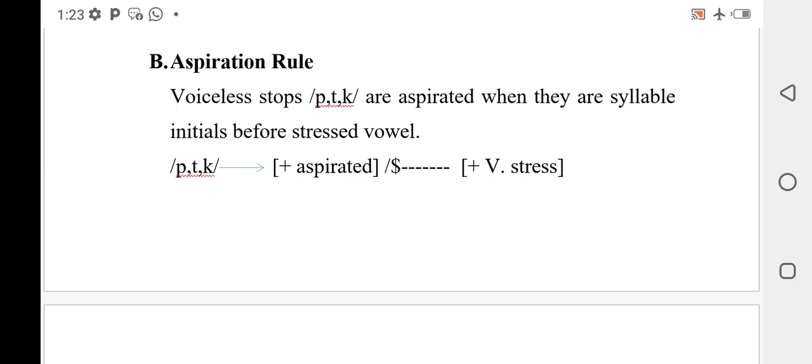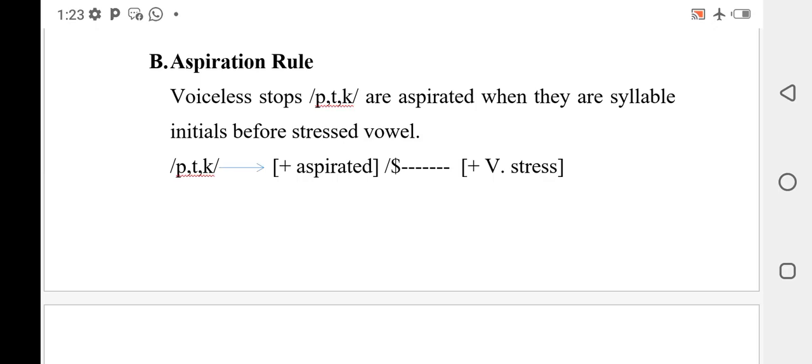So now this shows us that these voiceless stops are realized as, or they become, plus aspirated. When you have plus something, that means it is positive. So there is aspiration. They become plus aspirated when they are at the syllable initial position, followed by a stressed vowel.